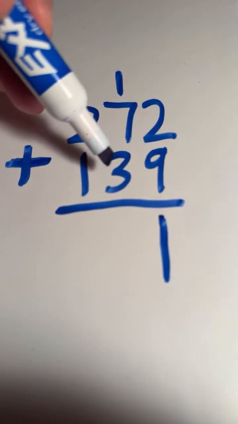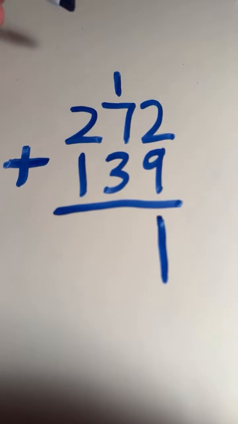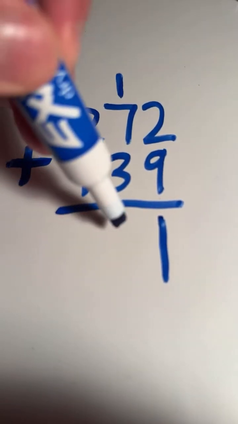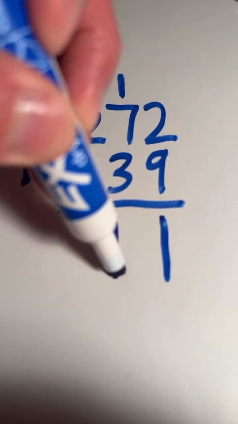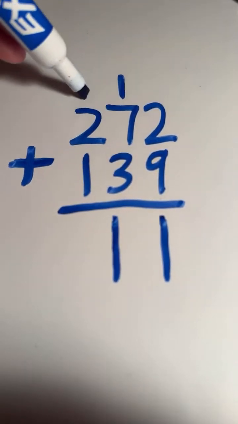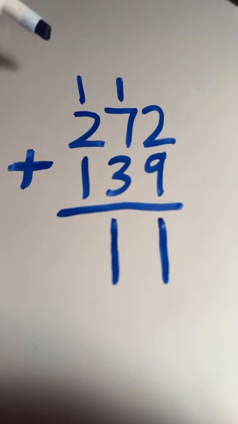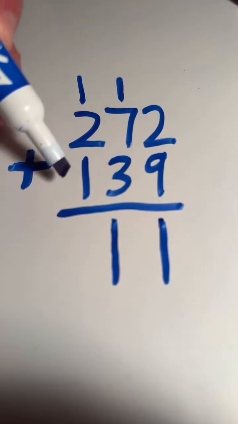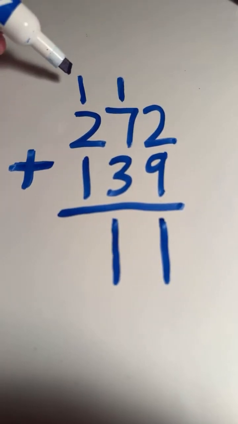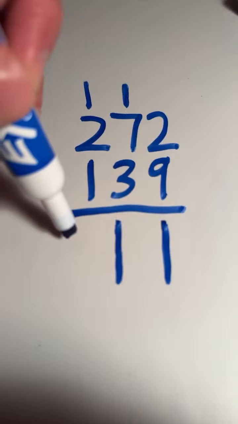7 plus 3 equals 10, plus 1 equals 11. So here we also have to regroup in the tens place. The 1 in 11 goes in the tens place. The other 1 in the number 11 gets carried over to the hundreds place. 2 plus 1 equals 3. Plus the 1 that we carried over makes it 4.